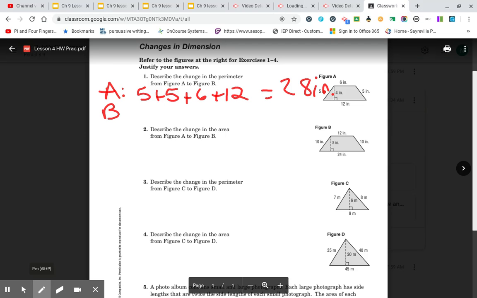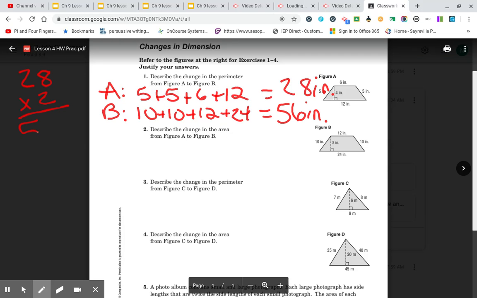And figure B is 10 plus 10 plus 12 plus 24, which is 56. And if you look at the difference over here, if I just did 28 times 2, I still get 56. So the answer to number 1, the change of perimeter is 2 times greater.